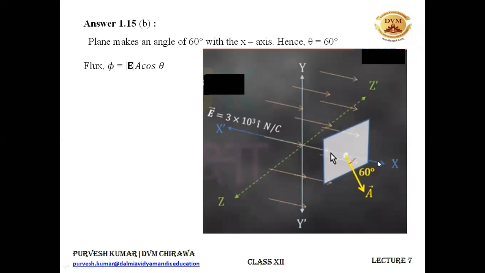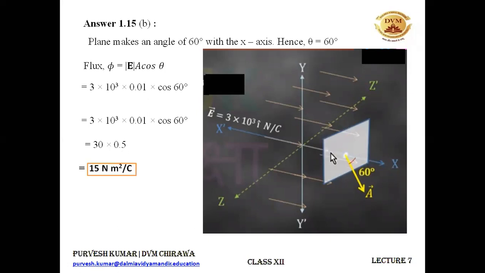The electric field is along the x-axis, and the normal to the plane, along which the area vector is acting, makes 60 degrees with it. So in place of theta, you will put 60 degrees. Cos 60 is half, so in place of cos 60 you can write this. And it becomes 15 Newton meter square per coulomb.